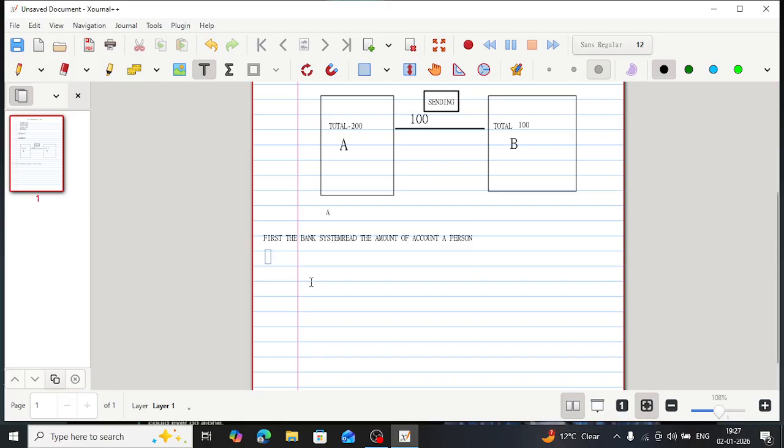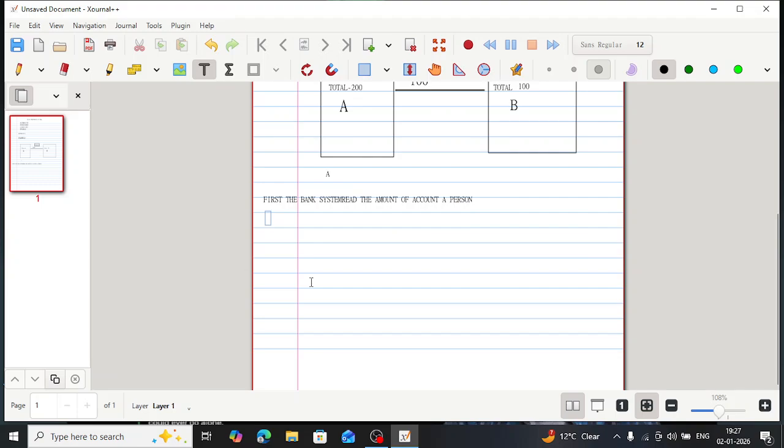In the second step, the bank system updates the amount in both accounts.